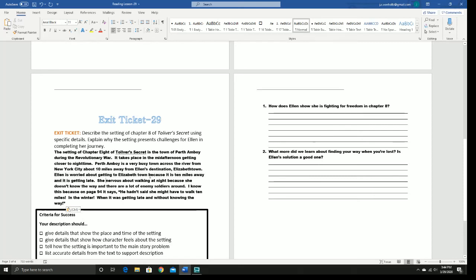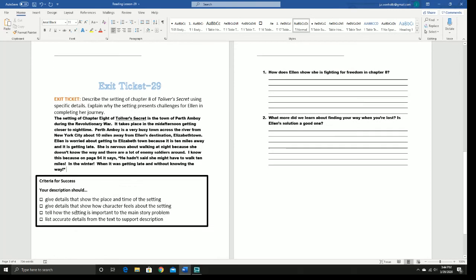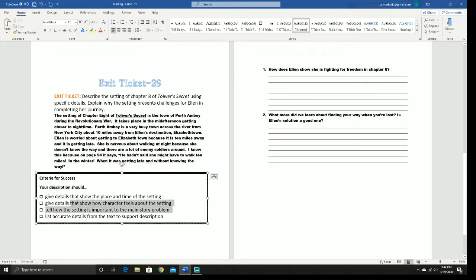She is nervous about walking at night because she doesn't know the way and there are lots of enemy soldiers around. And then our evidence to prove this was on page 94. It says, he hadn't said she might have to walk 10 miles in the winter when it's getting late without knowing the way. Right. So, we've done that part. And then the last part, how it's important to the main story problem.